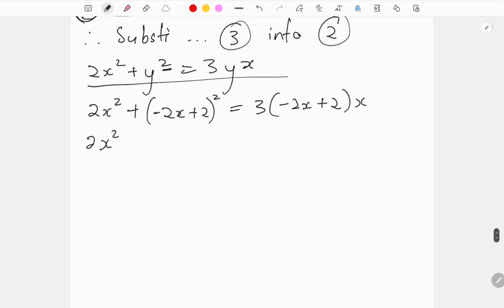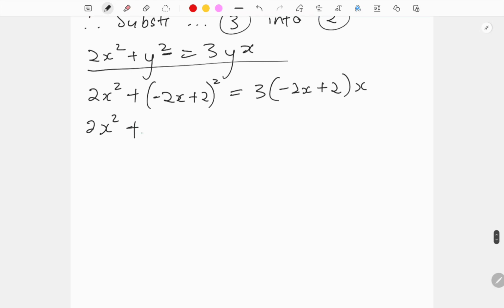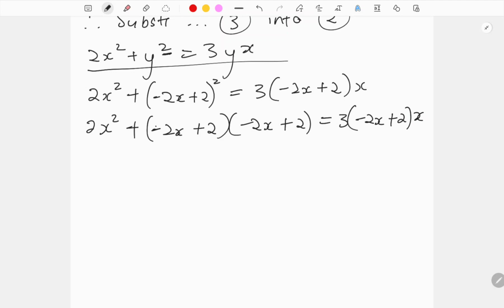Remember these are raised to the power of 2, so it's simple to just split it into 2 brackets so that you don't make mistakes. Yes, now we can multiply these things out. This multiplied by that, multiplied by this, multiplied by that.